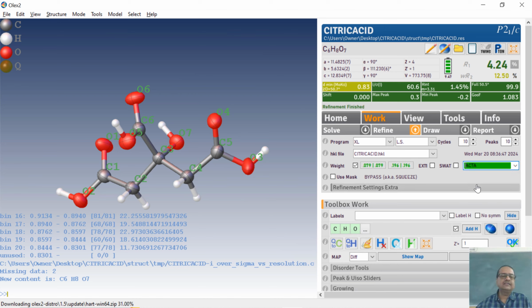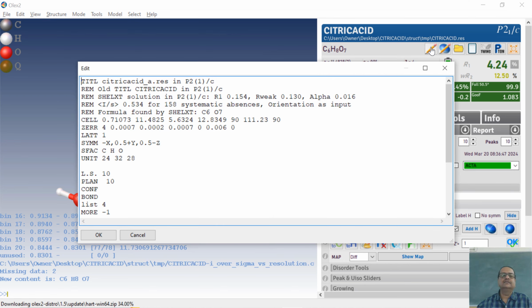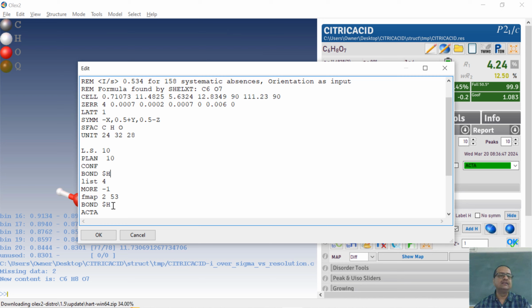So now it will generate a crystallographic information file with all the structure solution and refinement parameters, and there you can add BOND $H, which means it will also list all the bond lengths and bond angles with the hydrogen. BOND $H is already here, so we can have here an HTAB. So it will generate the hydrogen bond table.